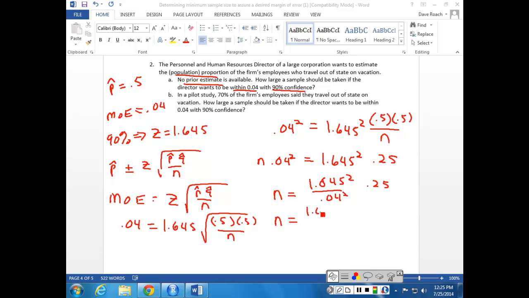But if you want to save a couple of keys when you're putting it in your calculator, 1.645 divided by 0.04 squared times 0.25, and that's equal to 355 about 2. So you need greater than or equal to 356. Again, always round that up.